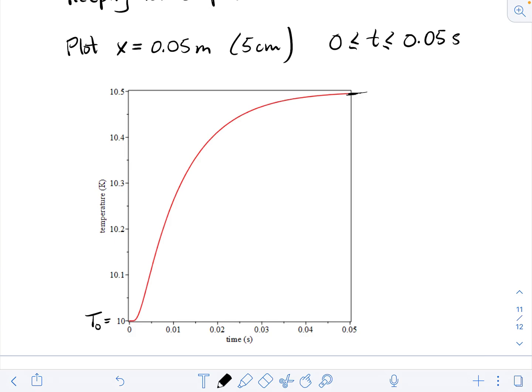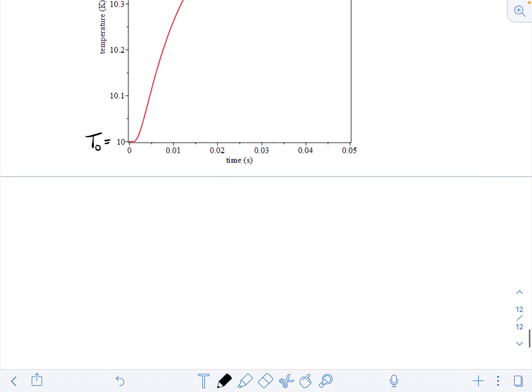And if we're at the midpoint of the rod, and the temperature difference across the entire rod is 10 to 11, we'd expect the midpoint to reach ultimately 10.5, and that looks like where it's headed. Okay, so we could have plotted this for longer times, and we would have indeed found that we reach in equilibrium 10.5 Kelvin at the midpoint.